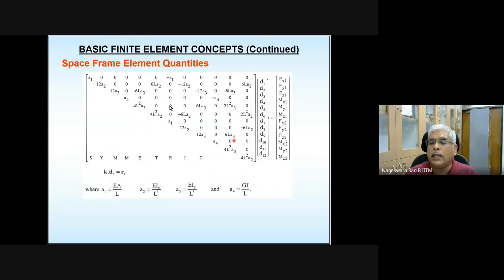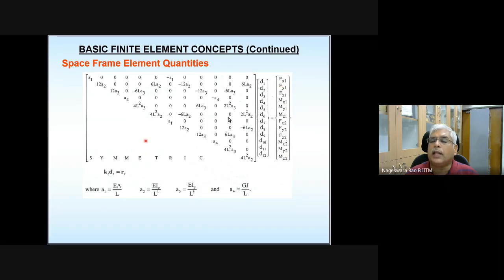So now you have all the element equations for axial effects, for bending effects, and for torsional effects. And now, with the assumption that all these effects are uncoupled, we can write the element equations for the space frame element. The size of this equation is going to be 12 by 12, because 12 degrees of freedom are there, and corresponding forces, and depending on the degree of freedom, it can be a force or a moment.